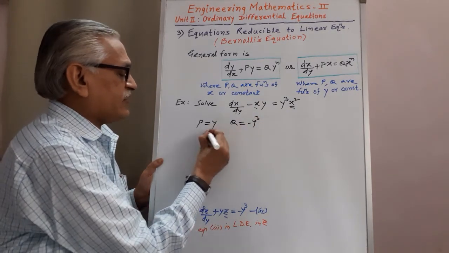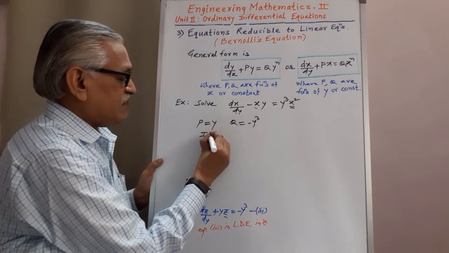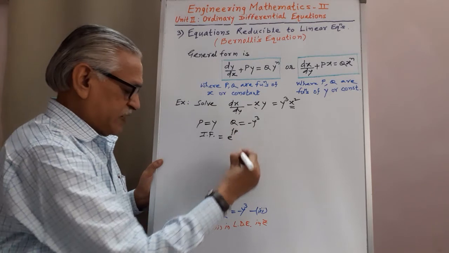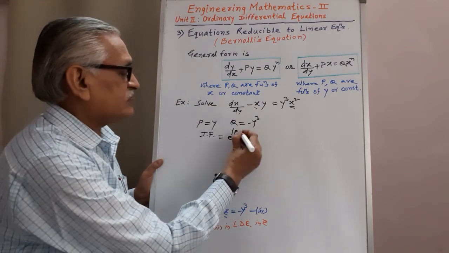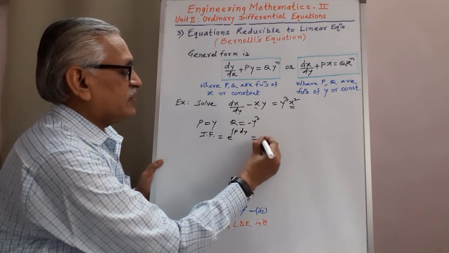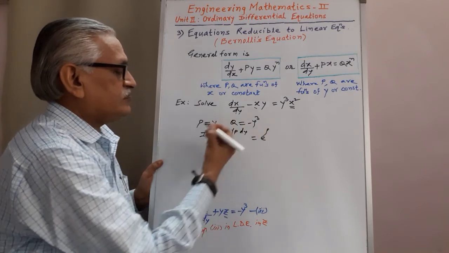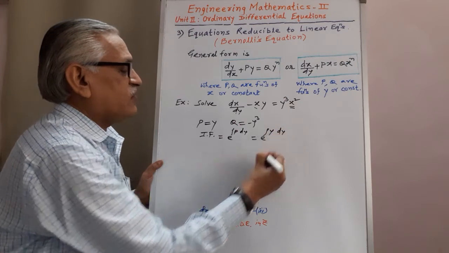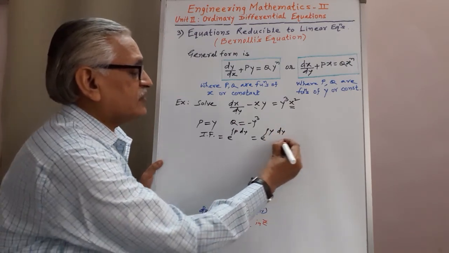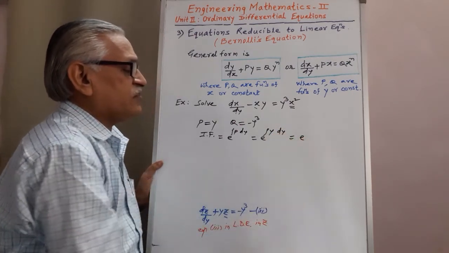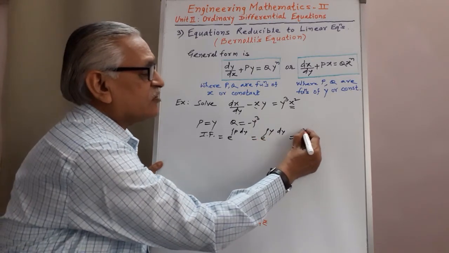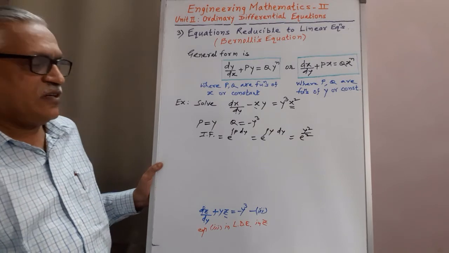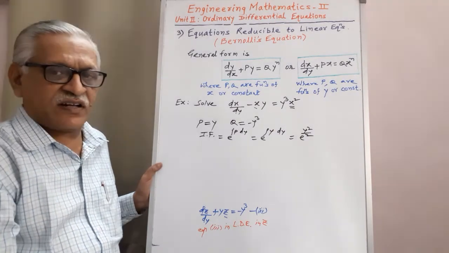Then the integrating factor is given by e raised to integration of P with respect to y. It is e raised to integration of y dy. It is e raised to integration of y, which is y square by 2. Therefore, this is the integrating factor IF.